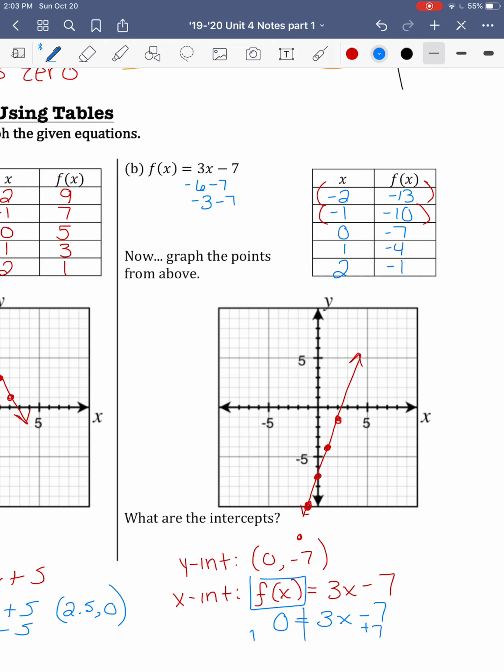And so I'll add 7. I get 7 equals 3x. Divide by 3, and I get x is equal to, now it's going to be a repeating decimal, 2.3 repeating, or you can say 2 1/3. So my x-intercept is at 2.3, 0.